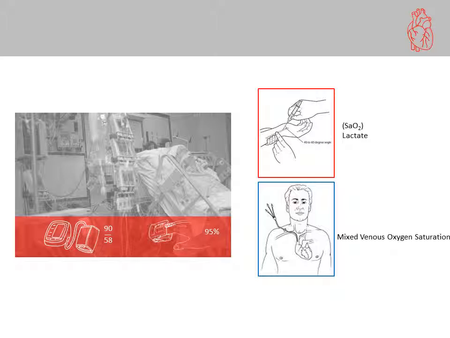And as being said before, then we only measure the result of ischemia. We do not measure the ischemia itself. And so that's why mixed venous oxygen saturation, it's a saturation inside the arteria pulmonalis. So when blood returns to the right heart and is pumped back into the lungs, just before it arrives in the lungs, that's the mixed venous oxygen saturation.